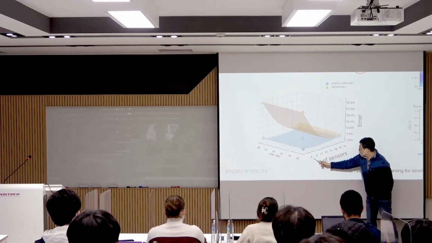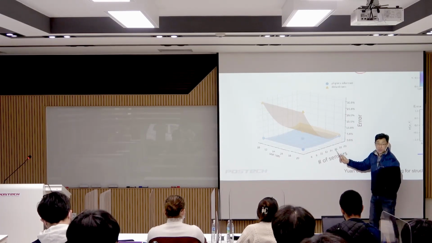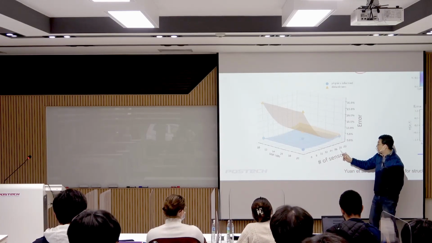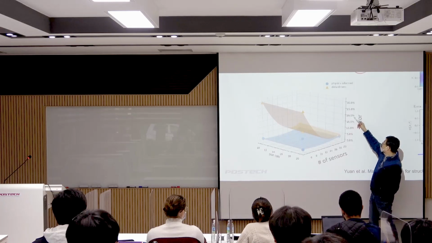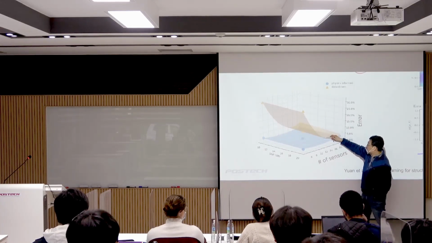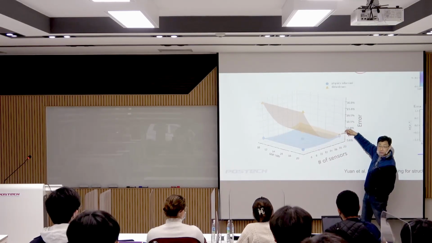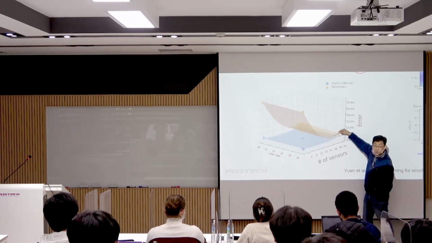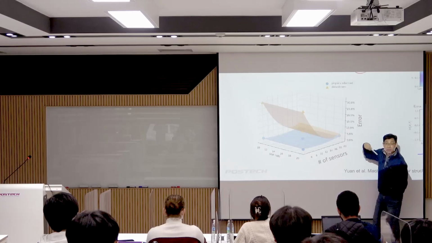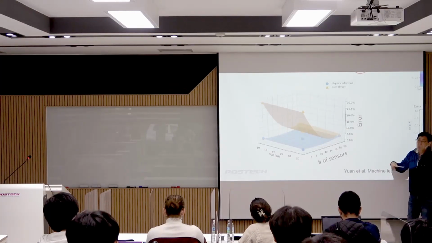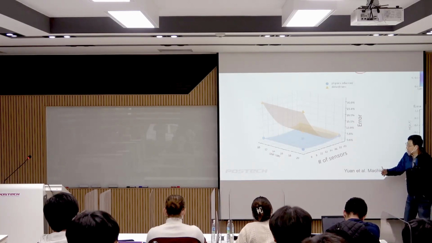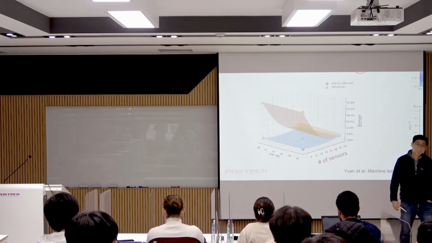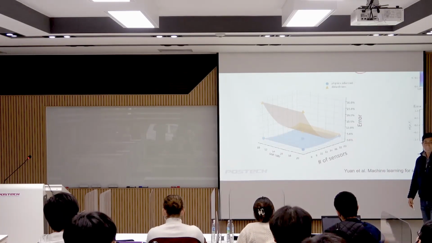So that means if you increase the number of sensors, that means if you are able to collect more and more data, the accuracy gets better and better, right? Or the same thing, the errors get smaller and smaller. So it's always better if you are able to secure more data. That's always true.